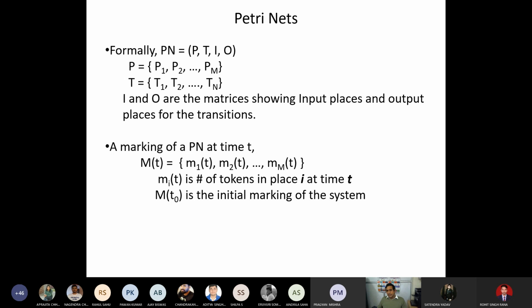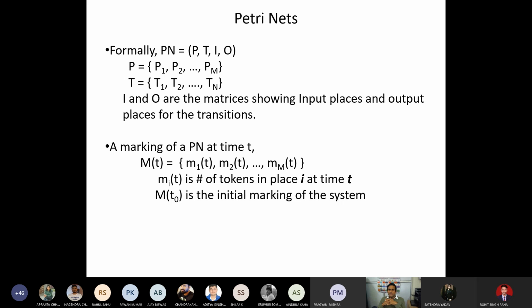And there is a marking of a Petri net at any point of time. At any point of time, the places contain some number of tokens. That instance is called a marking.